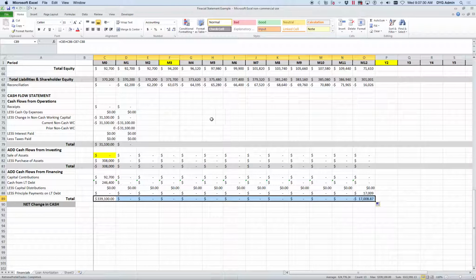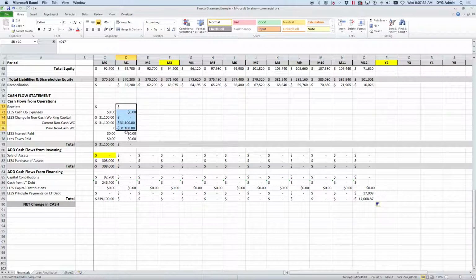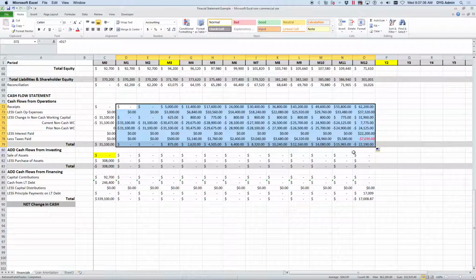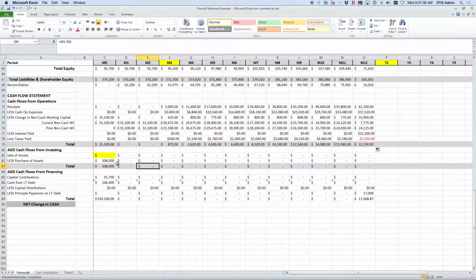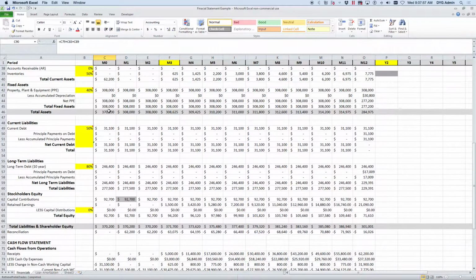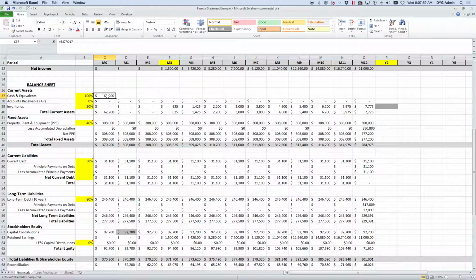Now, this is the moment where we cross our fingers and hope we did everything right, because sometimes I don't, and I just have to go back and figure out why. But here, what we want to do is equal to, and this is where you pay attention to the totals here, we're going to add. And what we get is this 6220, and that's what we're going to actually put up here.